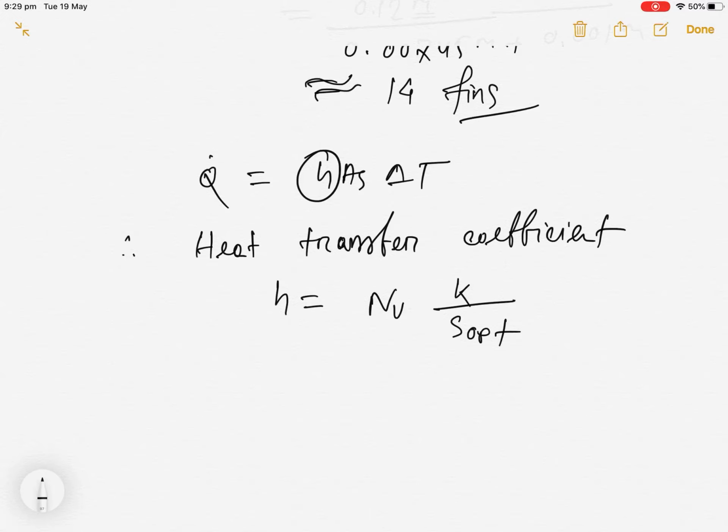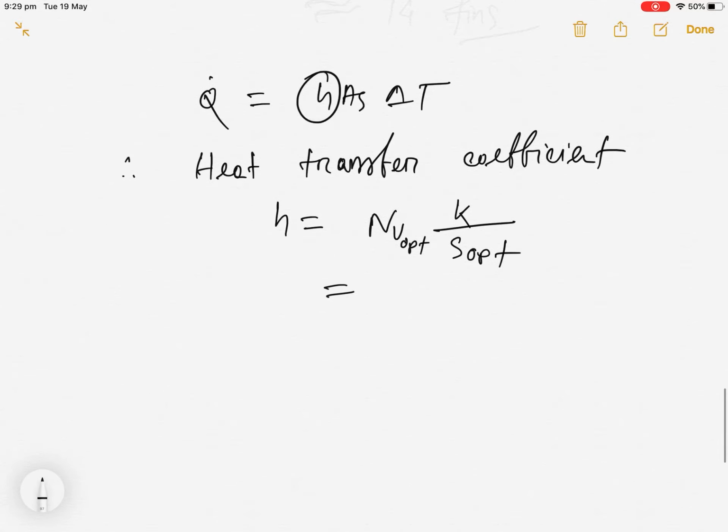We already know the Nusselt number for optimum spacing, from the formula from the literature I discussed during the lecture. So maybe you already know that the Nusselt number is actually constant, 1.307. We already discussed it, so I'm not going to discuss it again, because it will increase the length of the video.